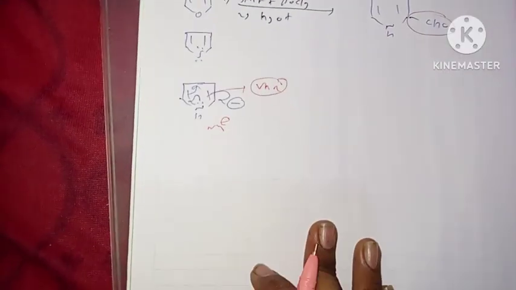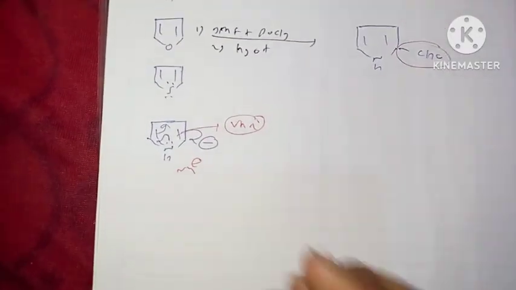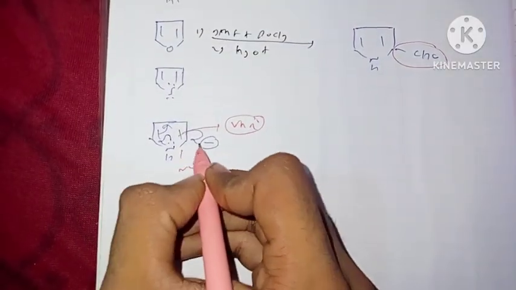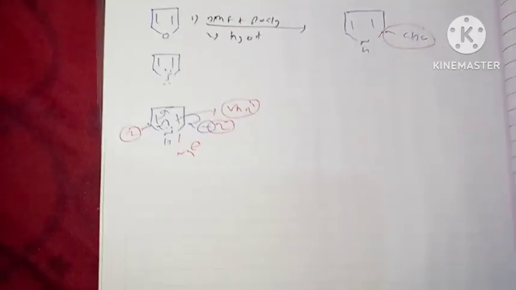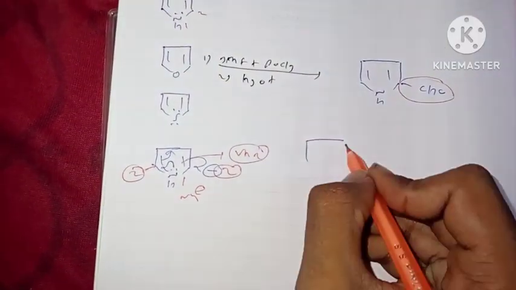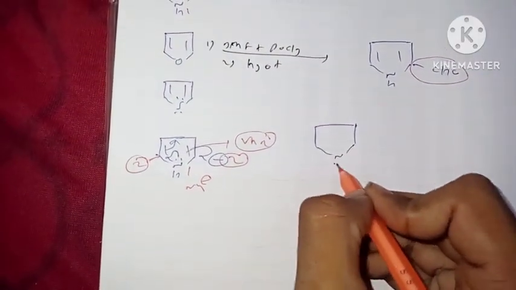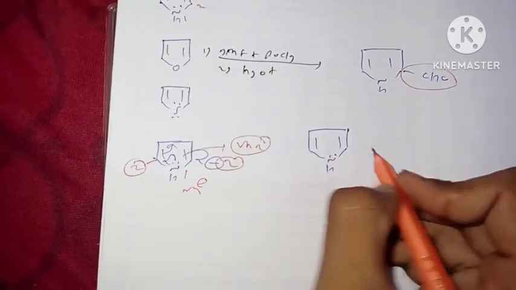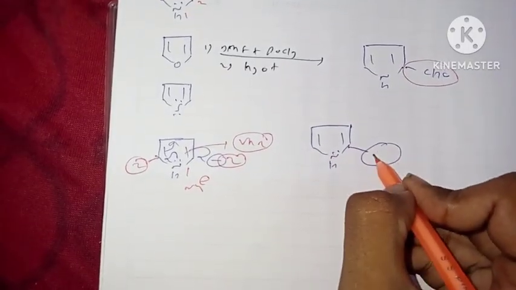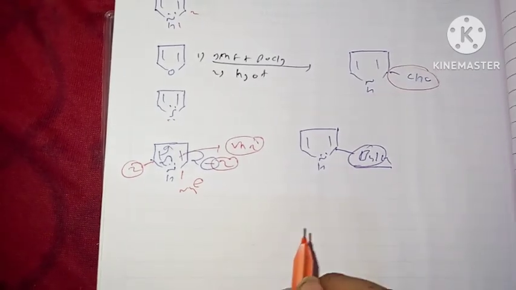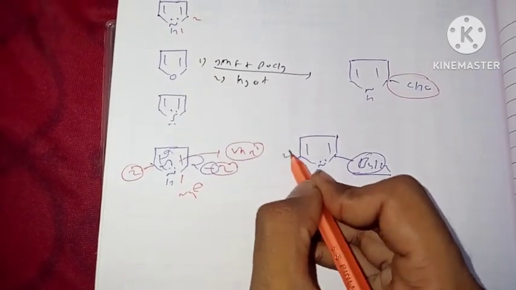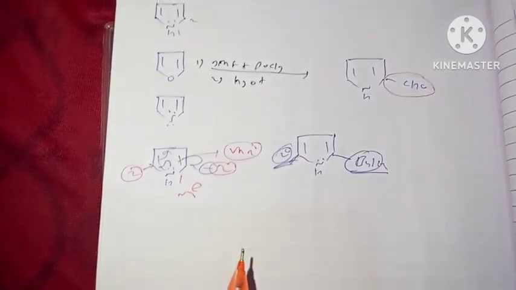So the formylation takes place over the second position, first, and this is second. This is also called the second position. If we have any bulky group, then the formylation takes place at this second position.